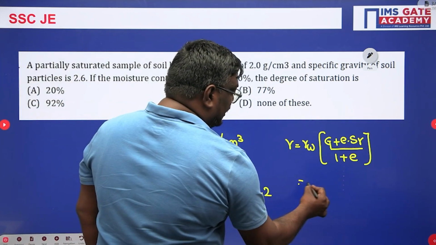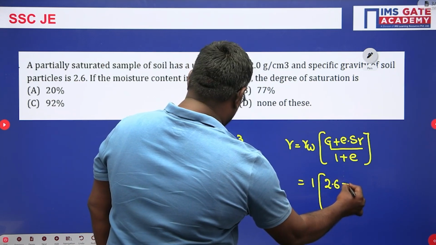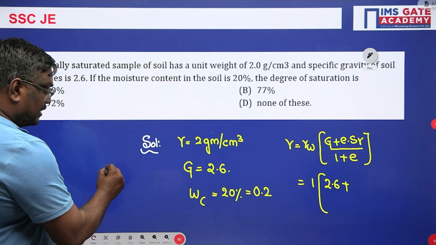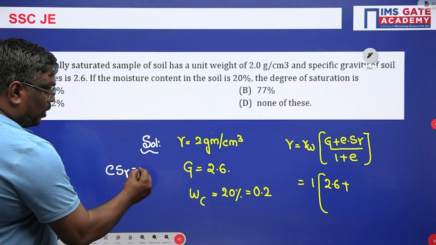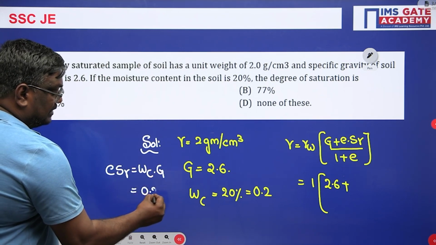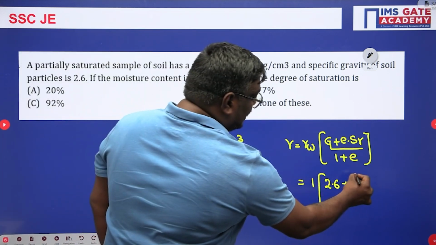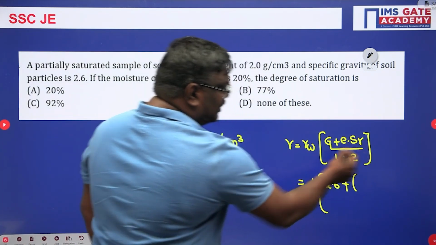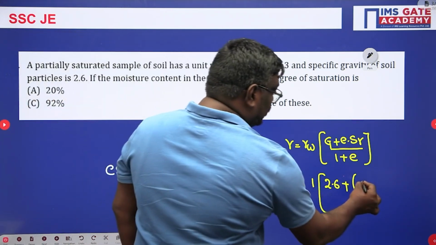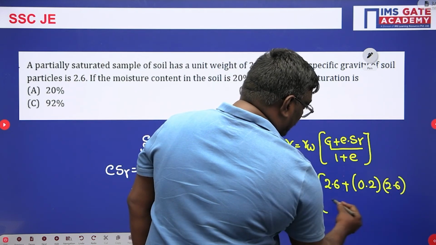If I substitute 1 gram per cc and G value as 2.6 plus E value, we don't know, but we know the other equation, E into Sr is equal to water content into G. Here the water content is 0.2 and G is 2.6. So E into Sr can be written as water content into G, so I will write 0.2 into 2.6 upon 1 plus E.